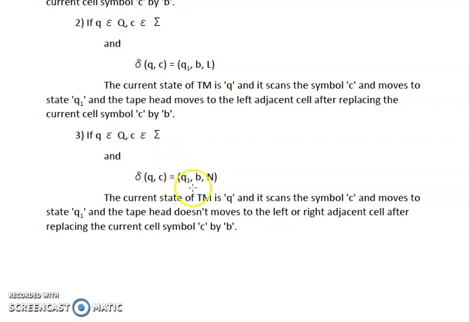Then we are moving to a new state Q1 and the symbol on the infinite tape is replaced by a new symbol B. That means C is replaced by B. And the head will not move in any of the directions. That means the head is static on the current cell. So N represents that it is neither moving to the left direction nor moving to the right direction. So these are the operations that can be performed on the Turing machine.